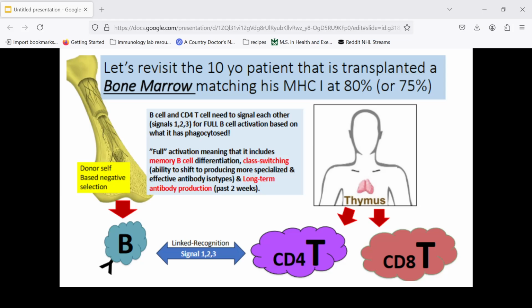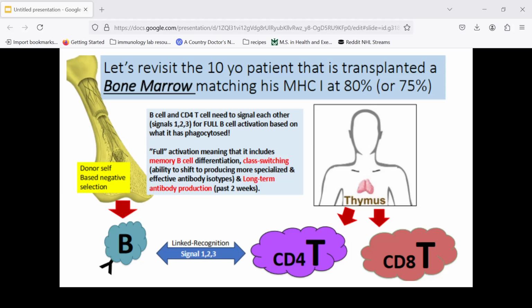Our T cells, they still come from the bone marrow, which means that if we're doing one of those flow analysis things where it's whose cells are these, they're still from the donor. They're still donor cells made from donor DNA. But where are they trained? Okay.